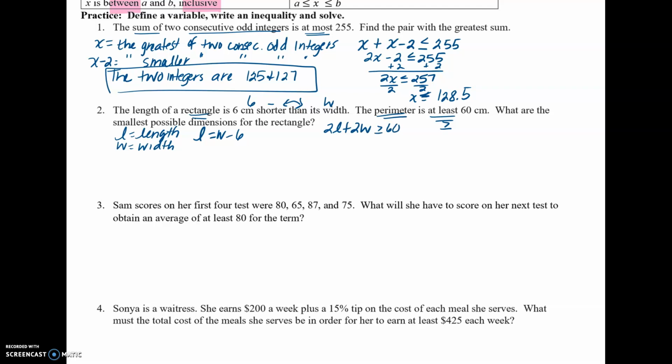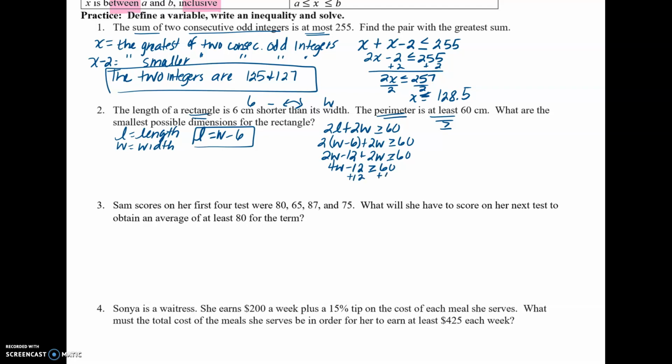Okay, now wherever there's an L, I'm going to put in W minus 6. So this is going to be 2 times W minus 6, plus 2W, is greater than or equal to 60. I'm going to distribute and get 2W minus 12 plus 2W is greater than or equal to 60. 2W plus 2W is 4W, minus 12 is greater than or equal to 60.